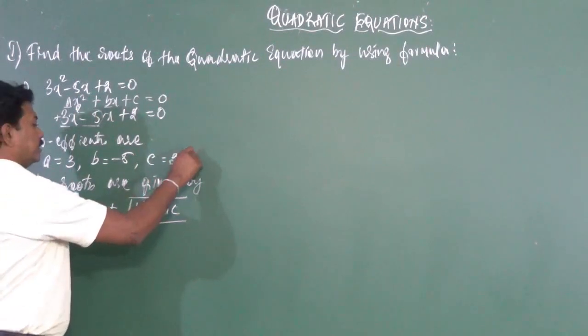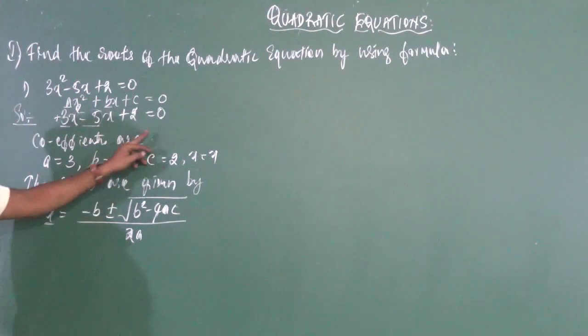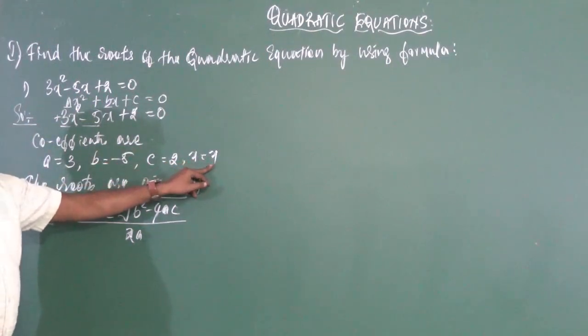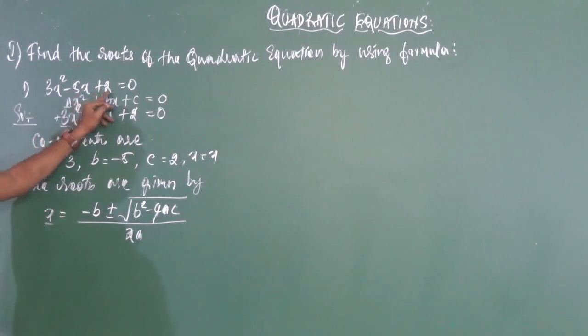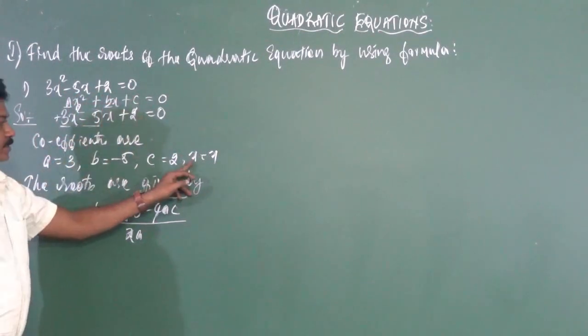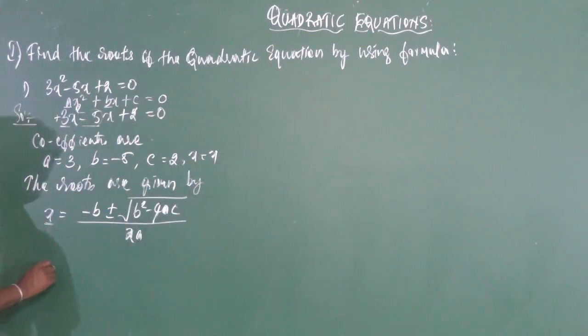And also you can write here x is equal to x if you want, because I am mentioning what type of variable is being used here. For example, if you had 3y square minus 5y plus 2 is equal to 0, then you have to write x is equal to Y. That's all, very simple.